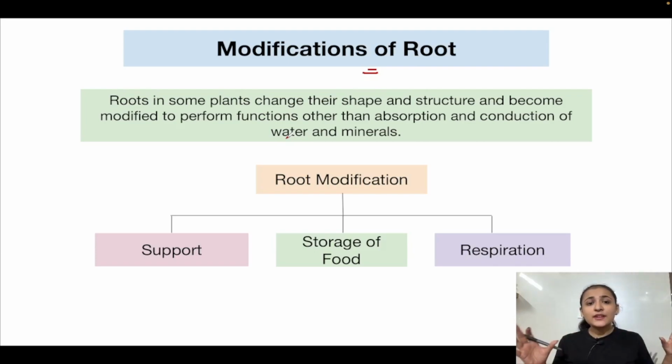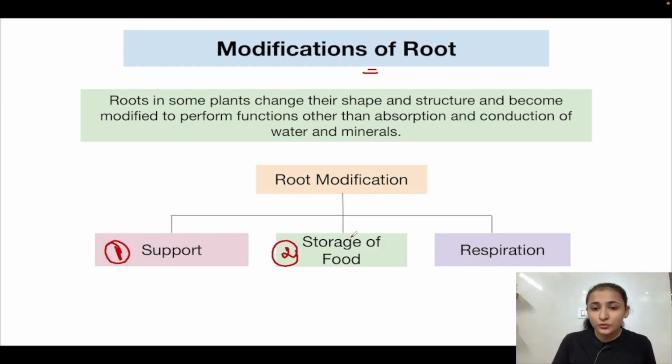These root modifications we have put into three categories. Number one is support. Roots have modified themselves for support in some plants. In some plants, they have modified themselves for the storage of food. In some plants, they have modified themselves for respiration.